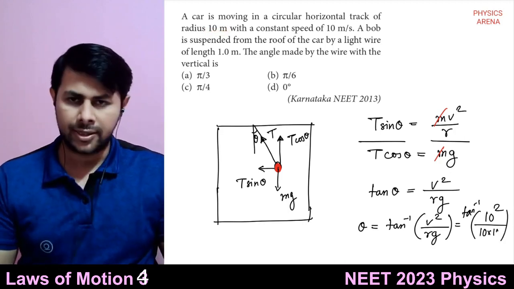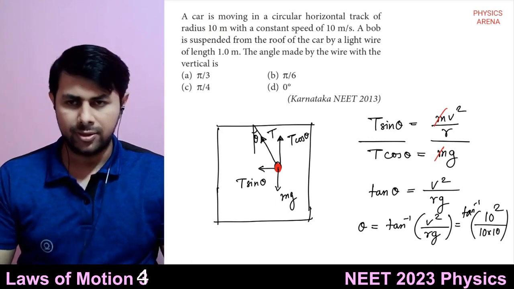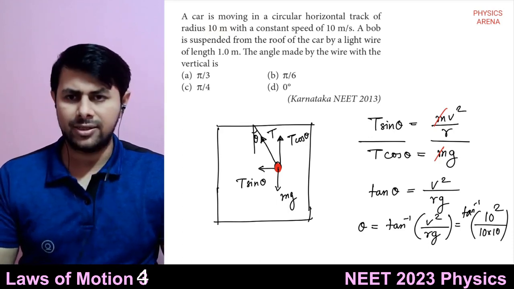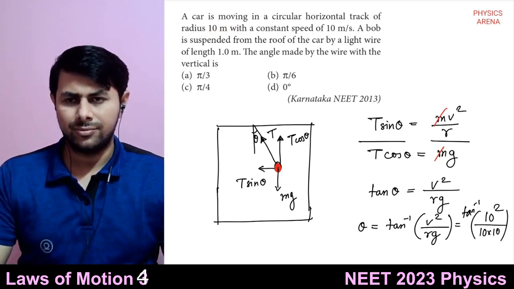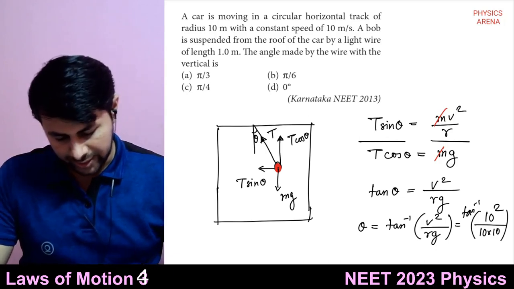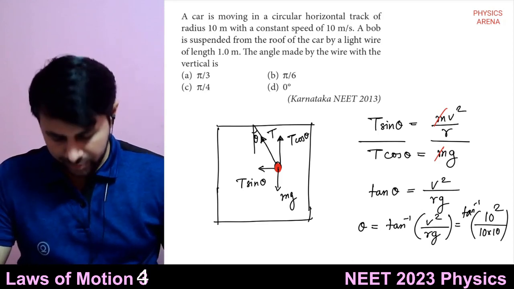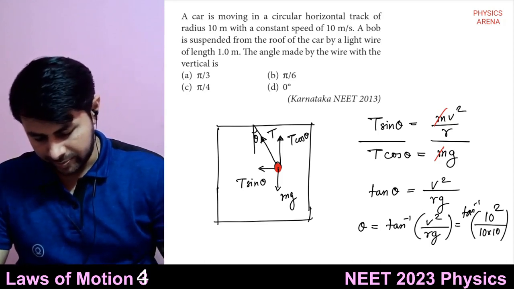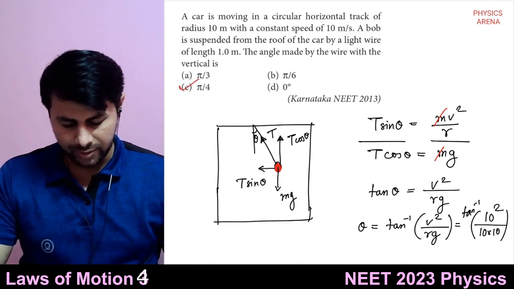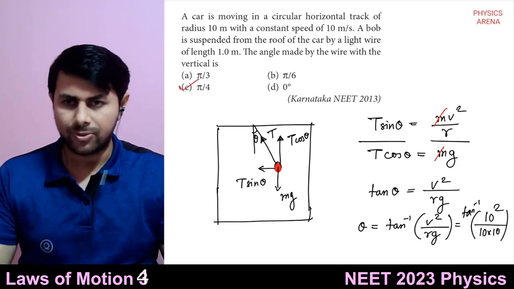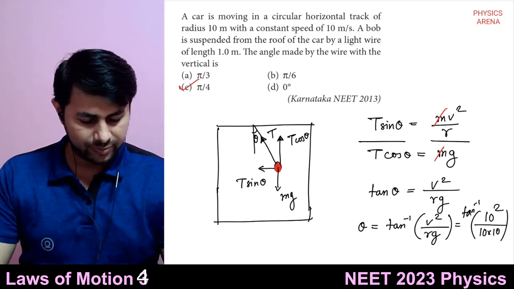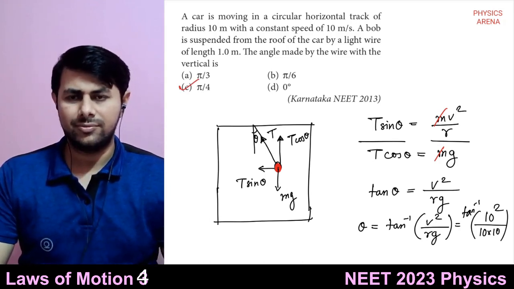So 100 upon 100, 1. Which is that angle whose tan is 1? 45 degrees. So what's the answer? It is in terms of pi. Option C, pi by 4. Pi is 180, 180 upon 4 is 45 degrees. So this is clear. Yes, no?